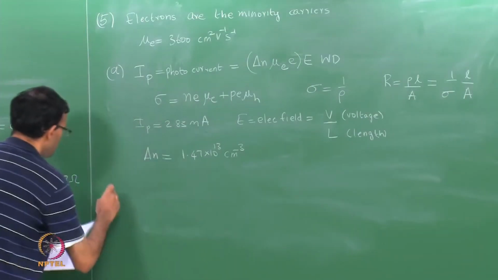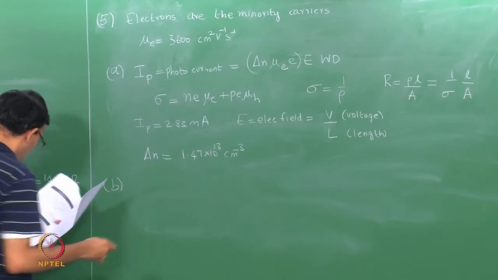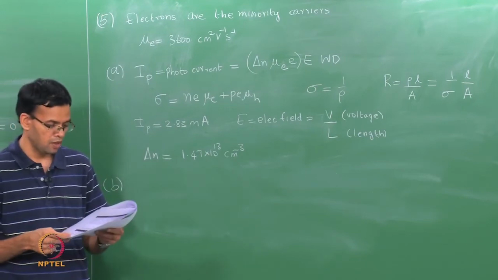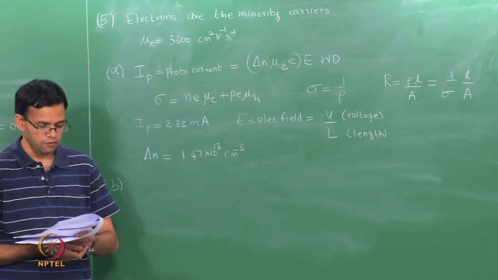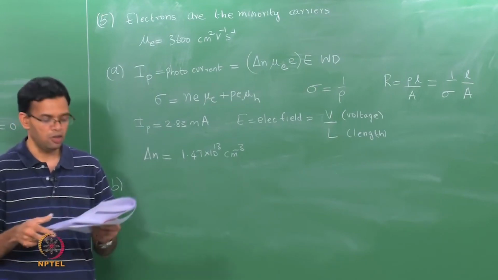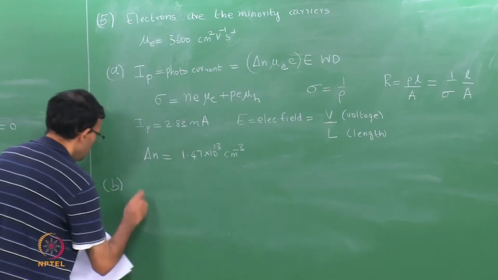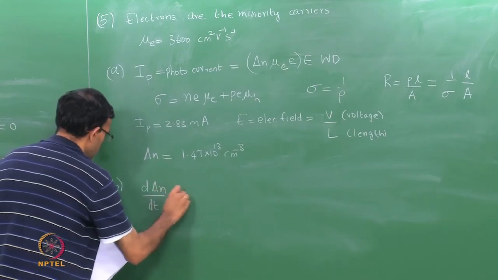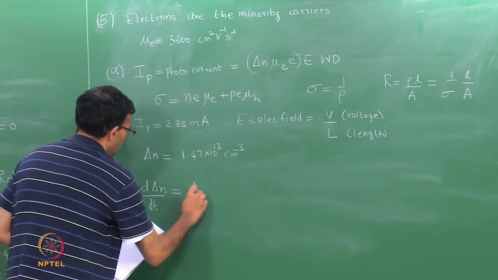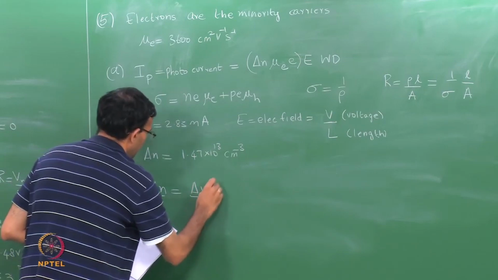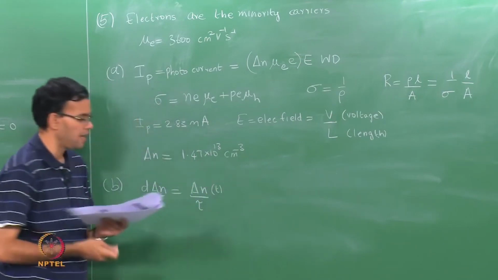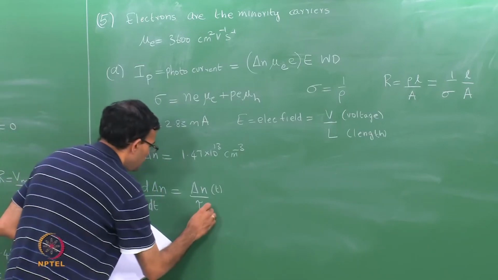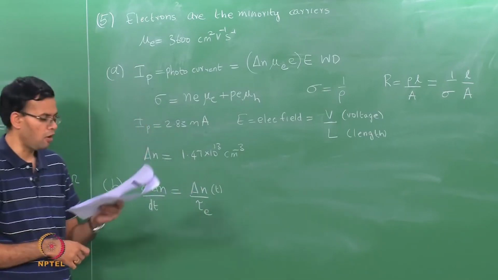Part B, we want to calculate the minority carrier lifetime. When the light is switched off, the concentration of the minority carriers decreases, and this rate is given by the value at a particular time t divided by the minority carrier lifetime tau. Since we are dealing with electrons, I will call this tau e.